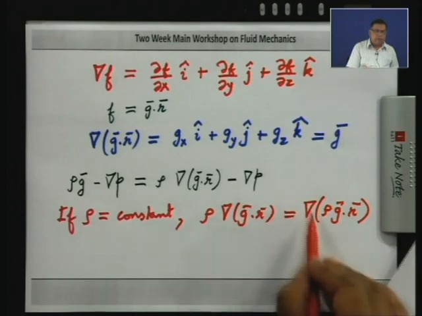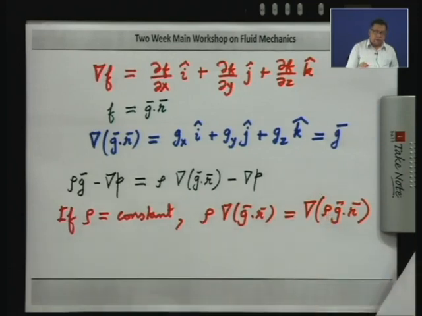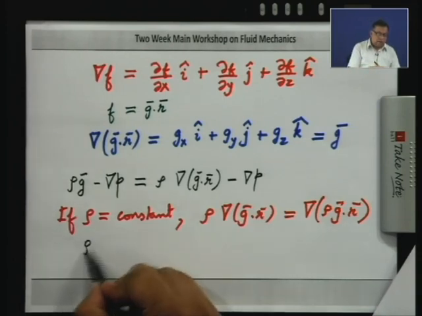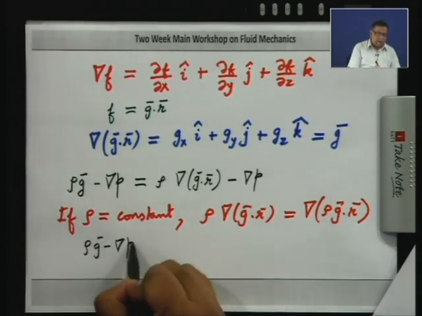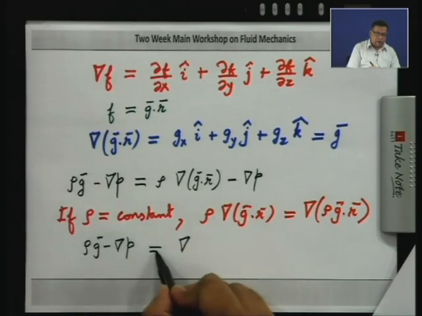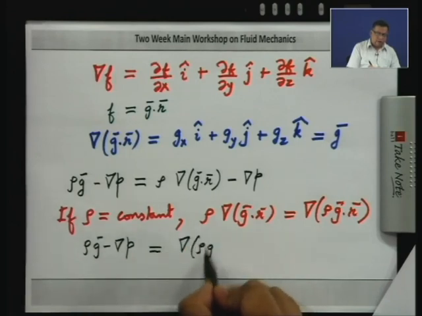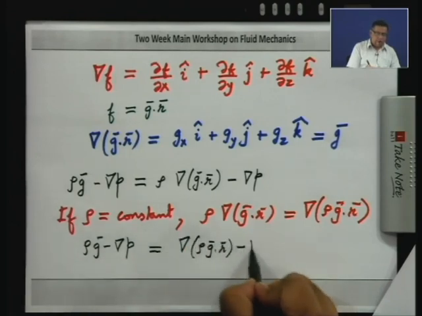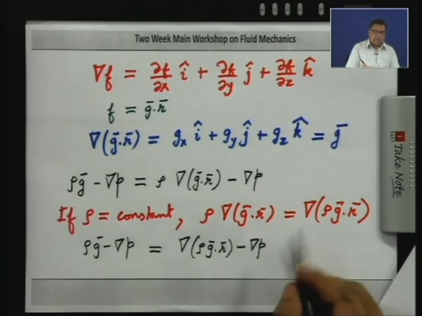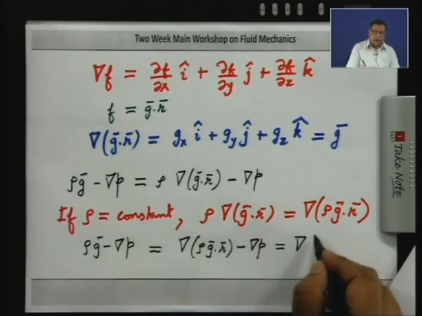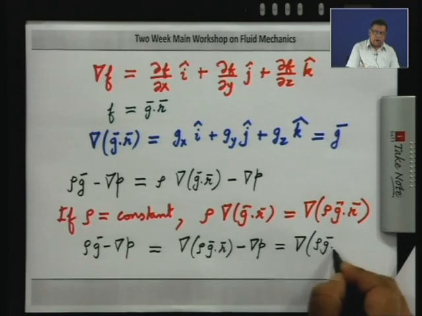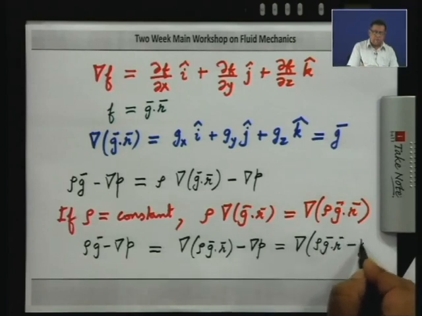If rho is a constant, you can pull it inside. So, under those conditions, rho g minus grad p can be written as grad of rho g dot r minus grad p. Now, grad is a linear operator. So, I can write it as grad of rho g dot r minus p.